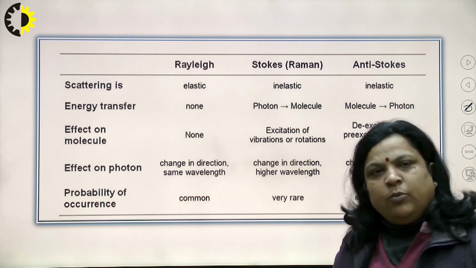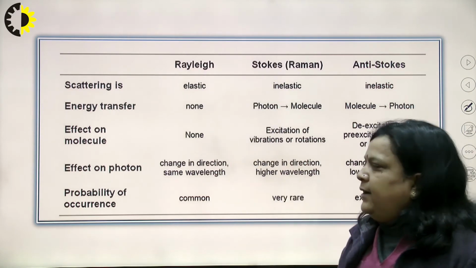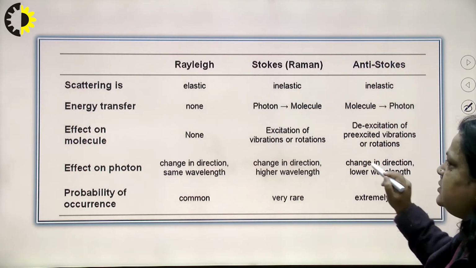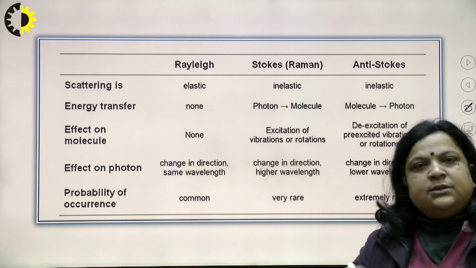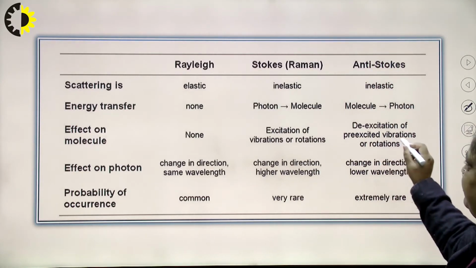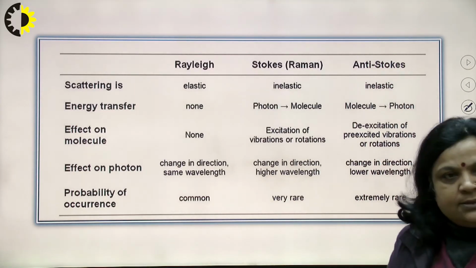The effect on the molecule in Rayleigh is none, while in Raman, that is in Stokes and anti-Stokes, it is the excitation of vibrations or rotations, or the de-excitation of pre-excited vibrations or rotations.